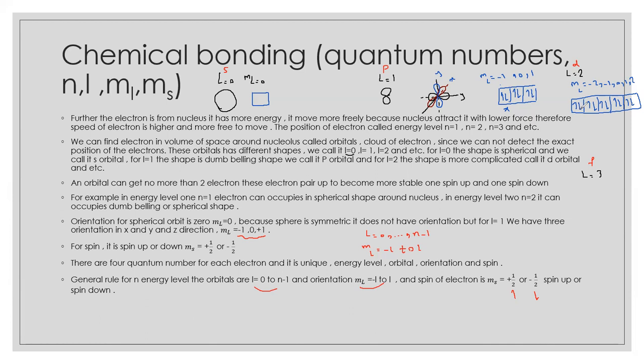So the set of quantum numbers for each is unique. They have their own fingerprints.